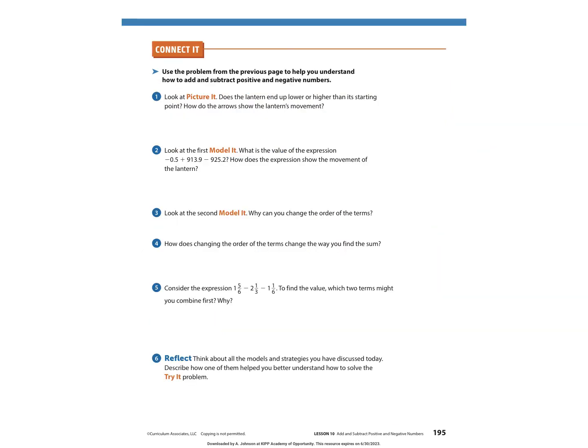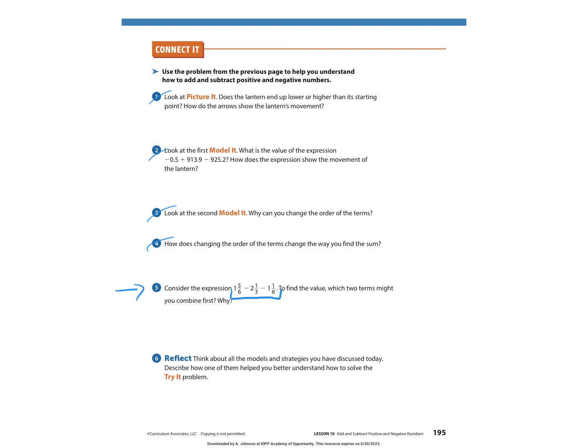Okay, so on this page, we've already talked about these. So we're going to go to number 5, and they've given us this expression, and they're asking to find the final value. Which two terms might you combine first, right?